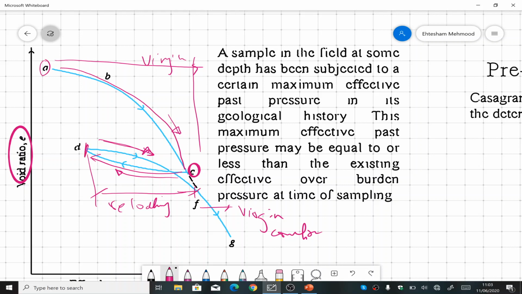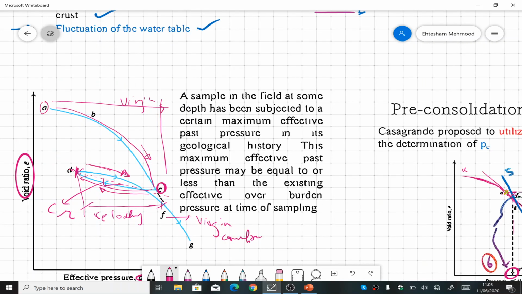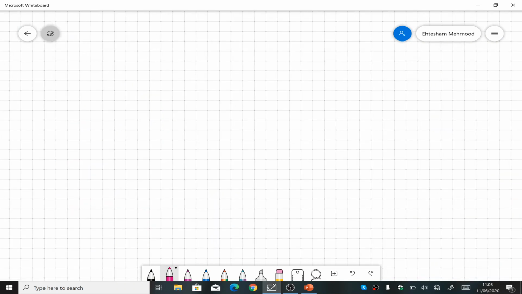As our soil has been compressed already in our past because it's over consolidated soil, that means it's a reloading sample. So the simple procedure is to make a hatch line between the two intersections. This slope is called CR, or the recompression index. So we'll obtain CR from here, and then we will plug that into the equation that we just learned for finding the settlement for an over consolidated soil in the case where P naught plus delta P results in a PF lesser than the pre-consolidation pressure of the soil.